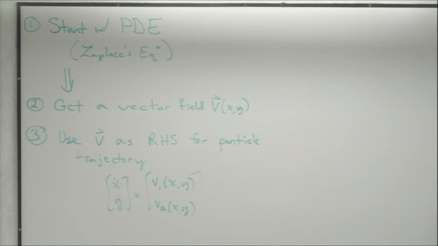So we have 2D potential flow. And remember that our 2D potential flow had a couple of conditions. This vector field V was given by the gradient of a potential phi, and phi had some properties. The divergence of V, I wanted it to equal 0. And I also wanted the curl of V to equal 0.